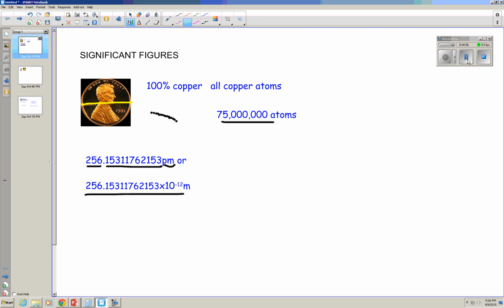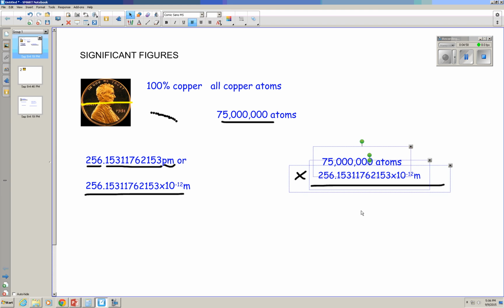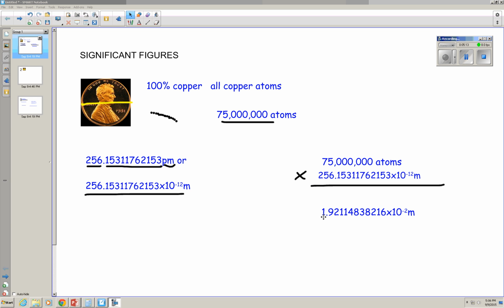The answer is yes. I take 75 million atoms multiplied by 256.15311762153 times 10 to the minus 12 meters, and I get the answer of 1.92114838 times 10 to the minus 2 meters.